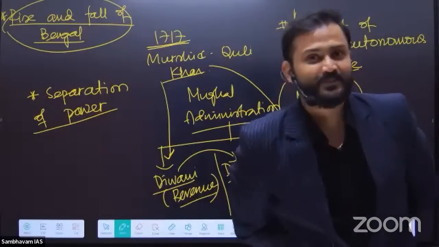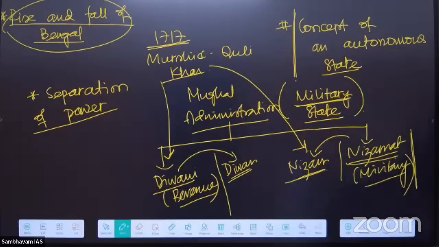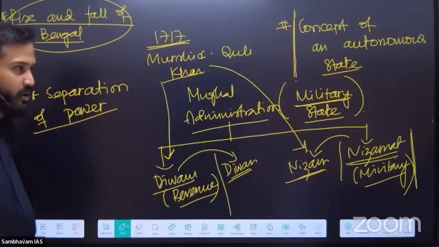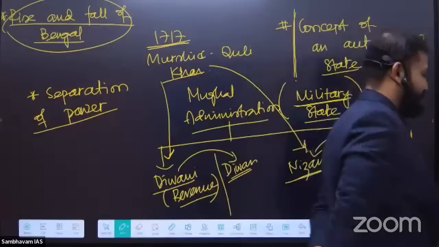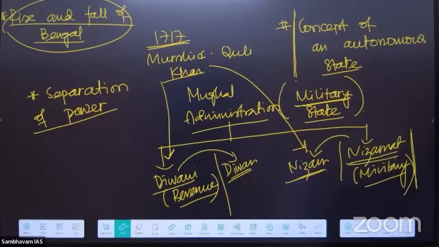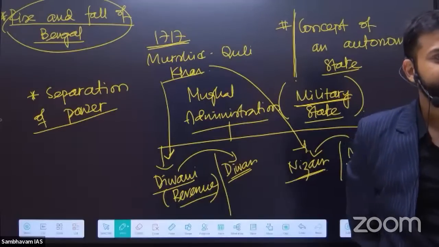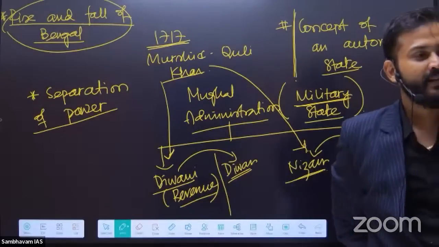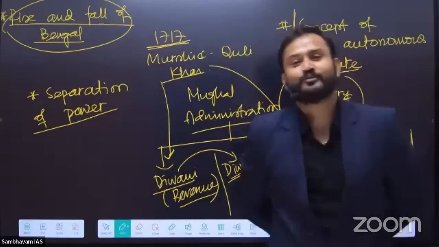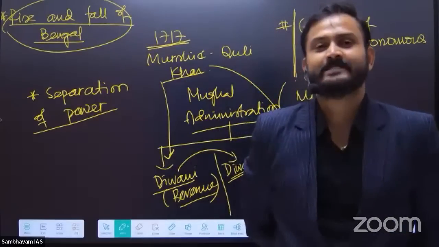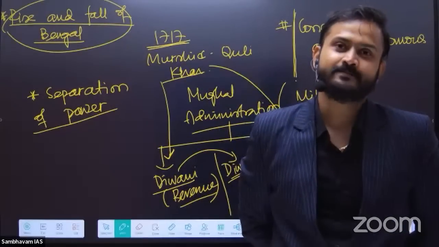Bengal became the first autonomous state in 1717 under the leadership of Murshid Quli Khan.